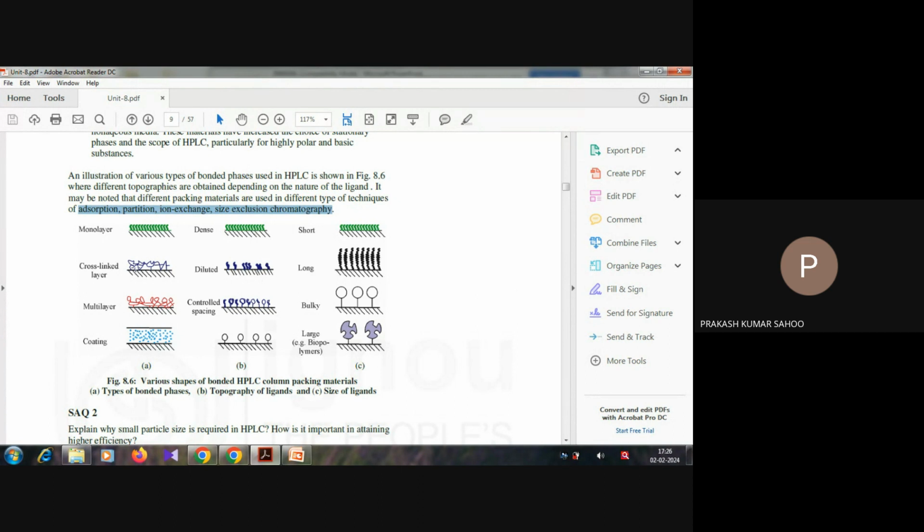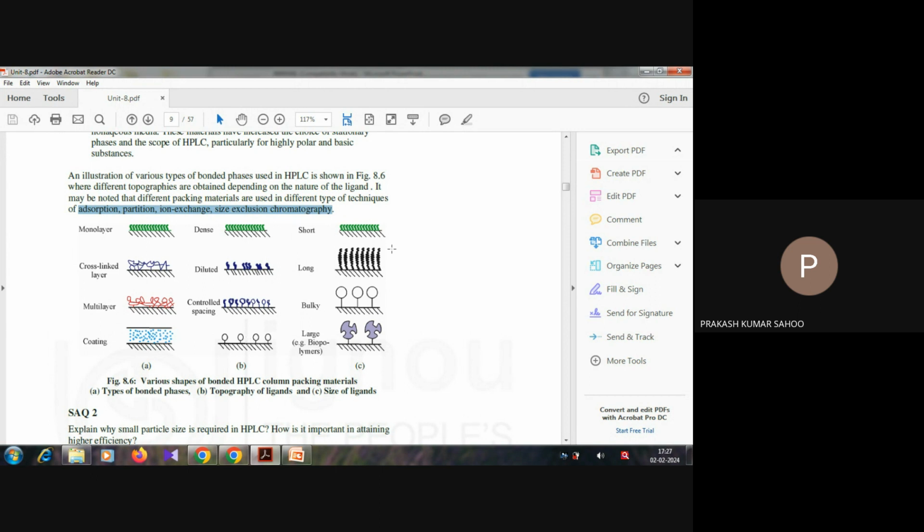The first one is our type of bonded phase, that is the monolayer, the adsorption one. It is the cross-linked layer here. It is a multilayer phenomenon, and it is the coating one. So column A is nothing but the bonded phases. Column B is a topography of ligand, that is a dense one, diluted one, controlled spacing, and also the coating one.